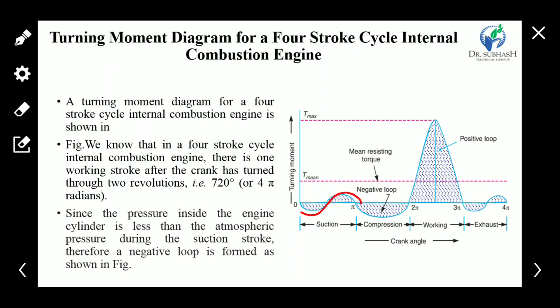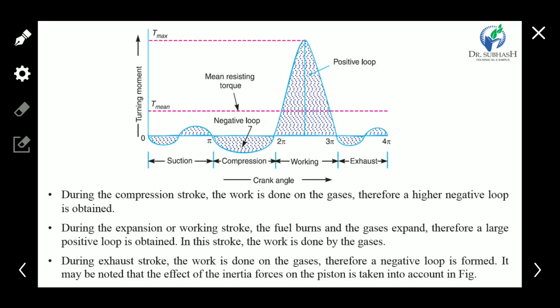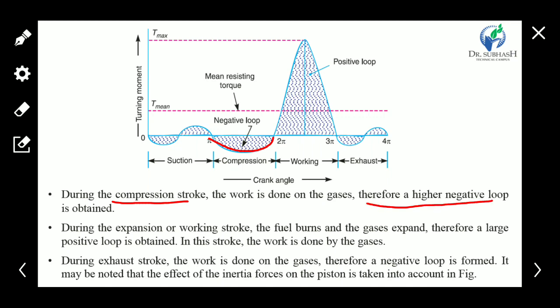So this represents the suction in the turning moment diagram. Now during the compression stroke, the work is done on the gases, therefore a higher negative loop is obtained. This is shown between pi and 2 pi, the compression stroke in the turning moment diagram. During the compression stroke, the engine works on the gases, so a higher negative loop is obtained.